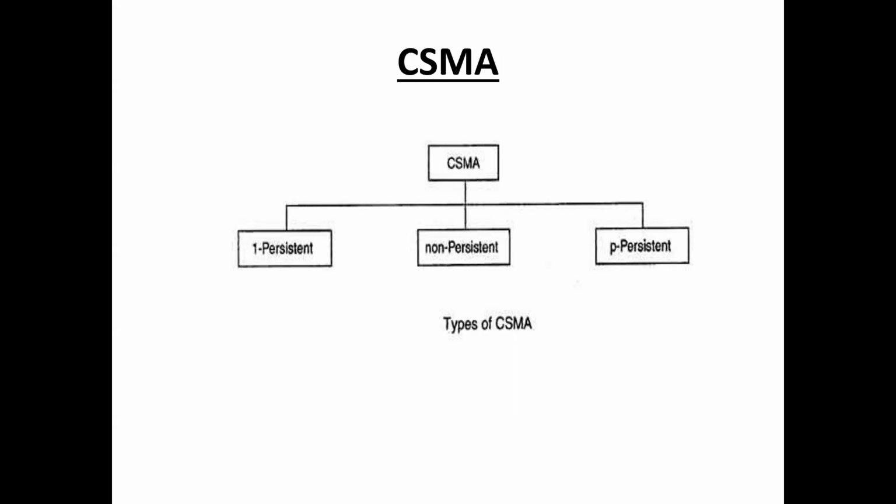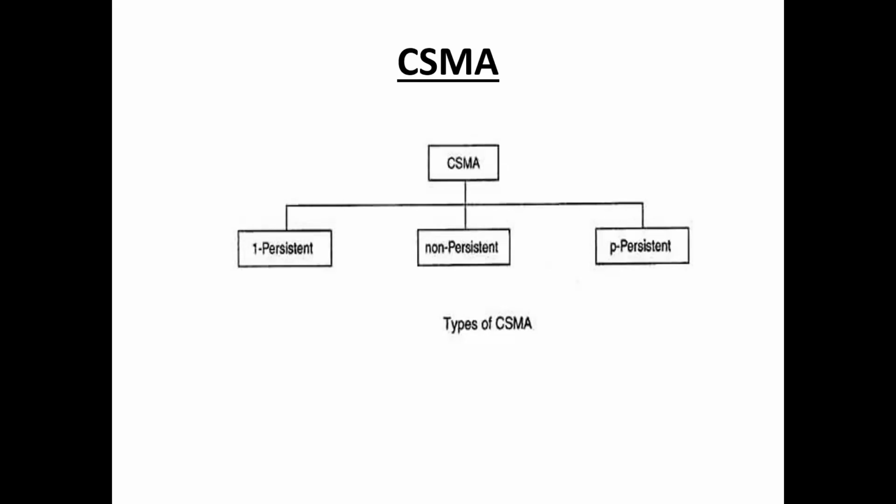Next one, CSMA, Carrier Sense Multiple Access protocol. This protocol is used to minimize the chances of collisions when you compare it to Aloha. There are fewer collisions in CSMA than in Aloha. CSMA is based on carrier sense.